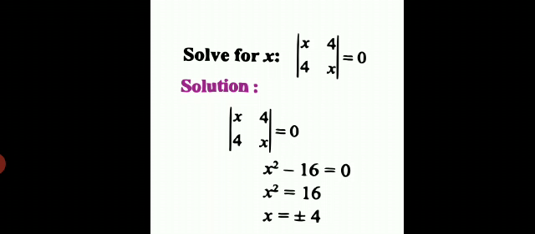So now expand the determinant given, that will be x into x will become x square minus 4 into 4 is 16, equated to 0. Now transpose minus 16 to the right side, you get x square is equals to 16. Then take the square root of 16, you get plus or minus 4.